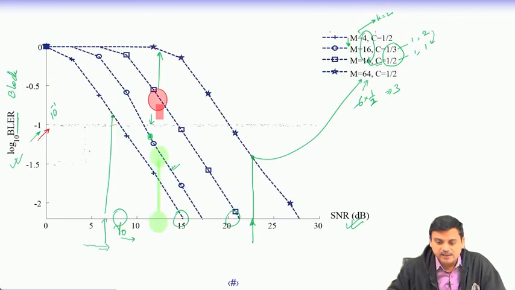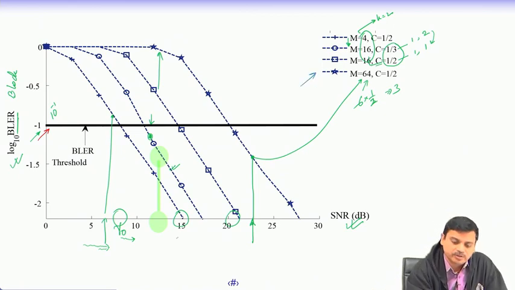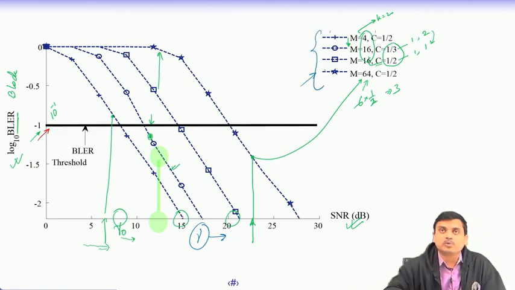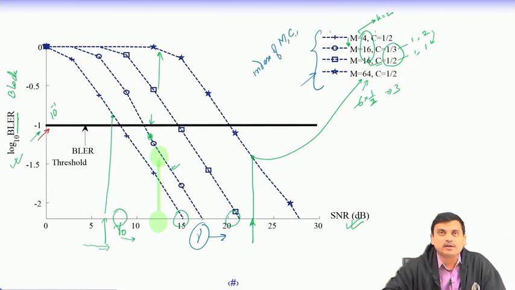That signal strength is converted to a particular modulation and code rate, whatever is supported, because one can measure the SNR on this axis. Once the SNR is measured, then one can choose which of the supported MCS can be used, and the index of the modulation and code rate combination can be sent back to the transmitter.